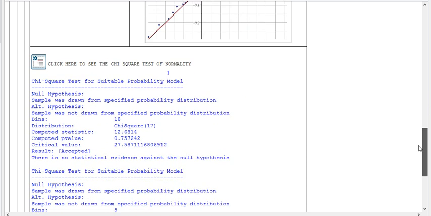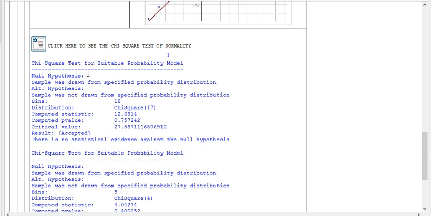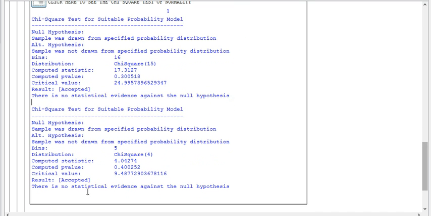Then down here, we can run a chi-square test for the suitable probability model, using as the null hypothesis a normal distribution. We need to click here to calculate, and let's go down a little bit, and we will see that for the last exercise we ran, there is no statistical evidence against the null hypothesis of a normal distribution. So, success.